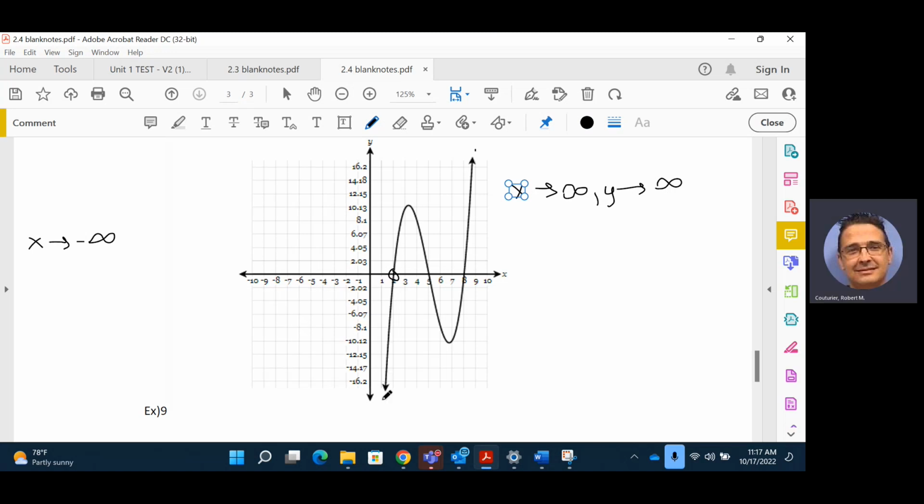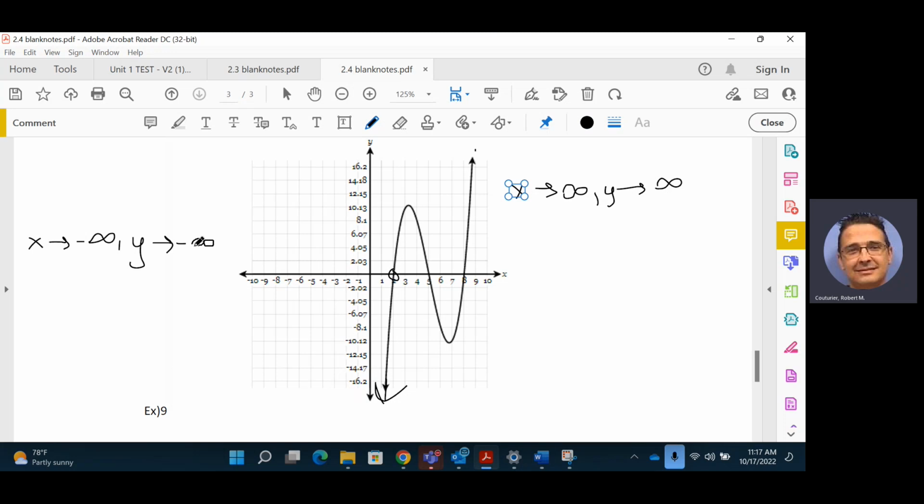Wow, that really starts to drop. If you go here, that's really somewhere way down there. Really a bigger negative number. So what's happening as our x's are getting smaller? And look, the arrow points the way. It's going down. The y values are getting smaller. Y will also approach negative infinity.